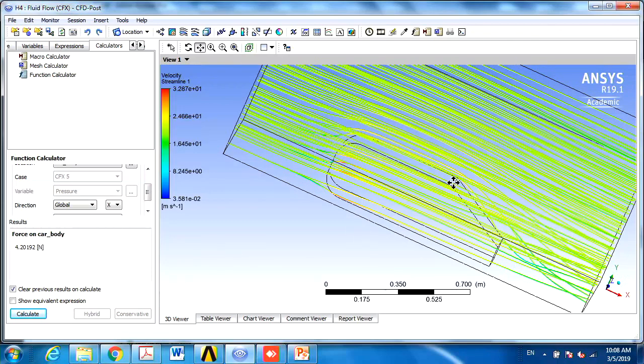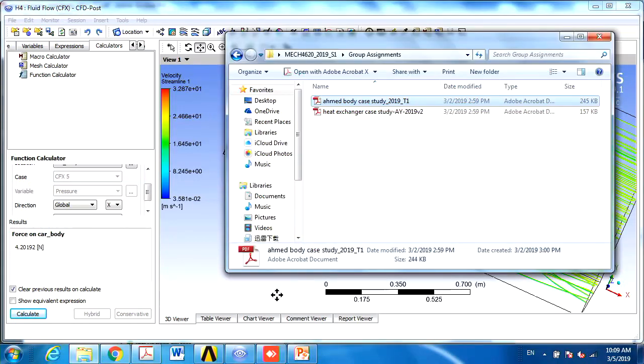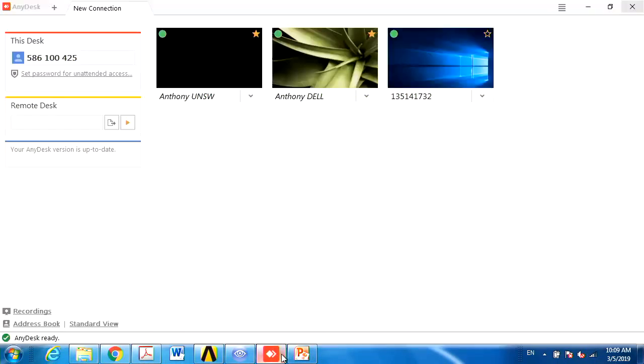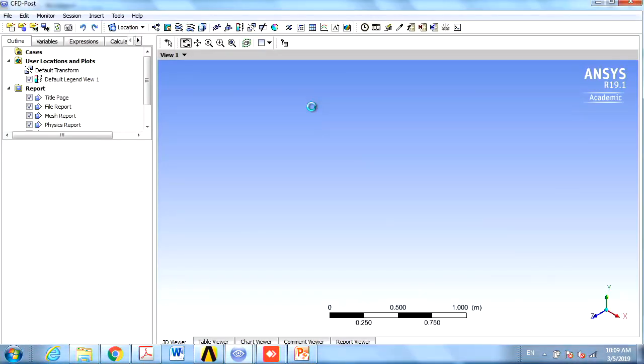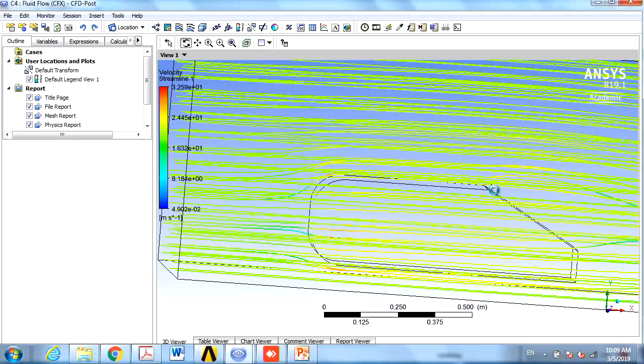So you can introduce a flap here to improve the drag, but it will make your... Fluent with flap, with no flap. So here I put a flap, a small flap. That's what you need to do.